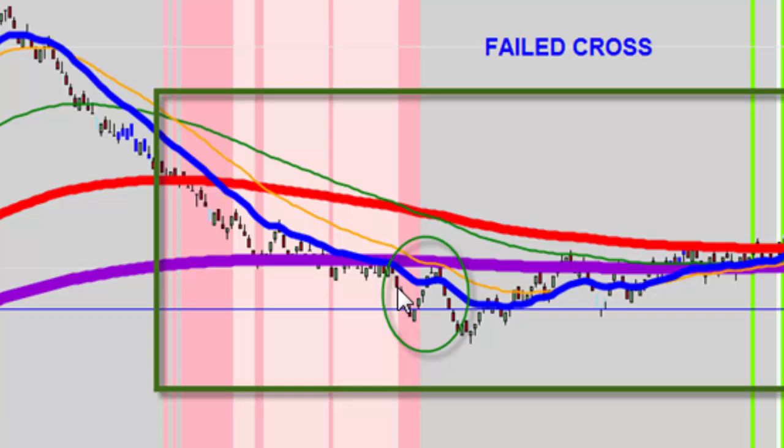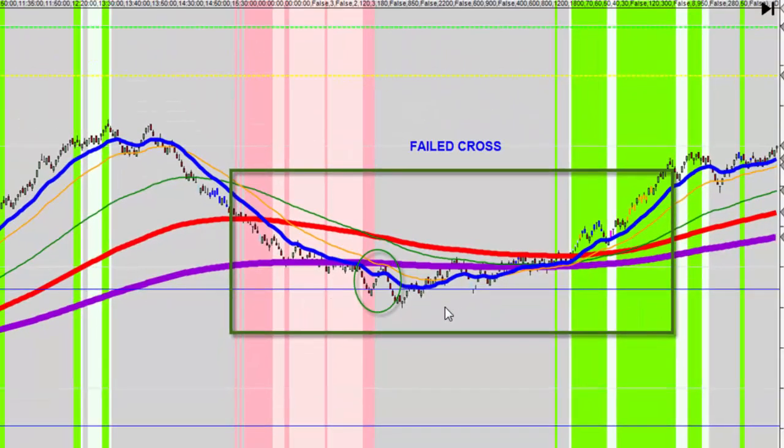And immediately a demand building process began right here in this base, which by the way was successful.